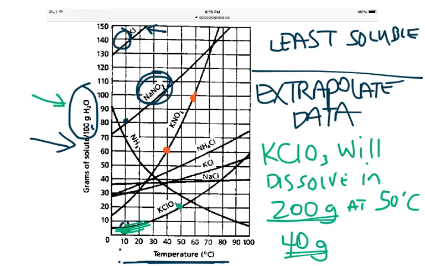Okay, and we want to know how much solid's going to come out. Well, at 60 degrees, I had 100 grams of my powder. At 40 degrees, I had 60. So how much solid is going to come out when I go from here to here? It's just 100 minus 60. That's going to be 40 grams.